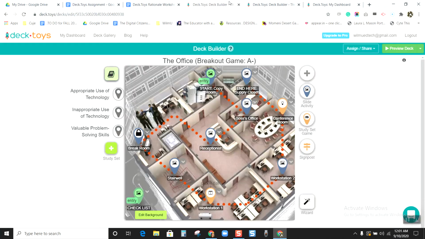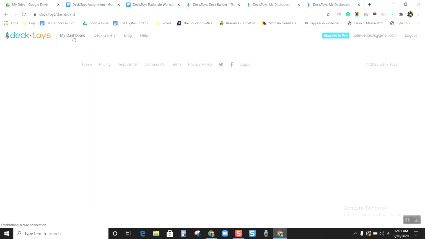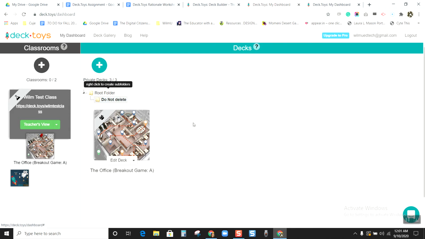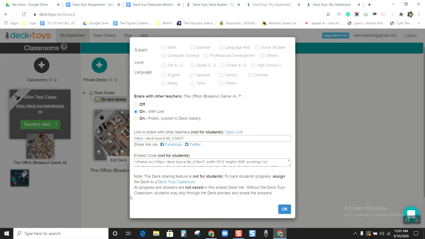In order to get the URL to your breakout game, you're going to want to go to your dashboard, and wherever you have your deck, click on the right drop-down menu and click share with other teachers.